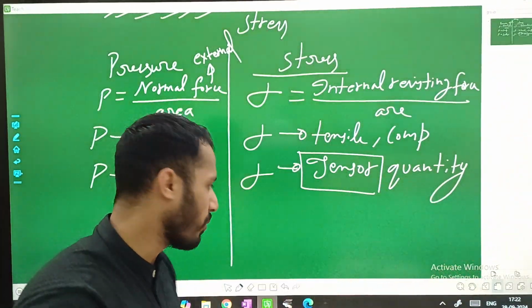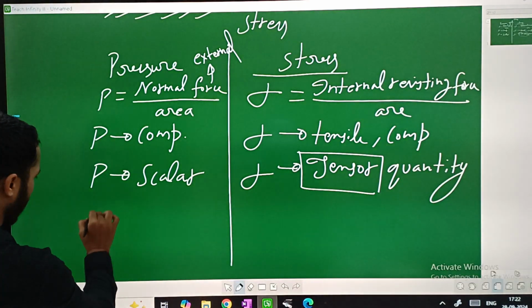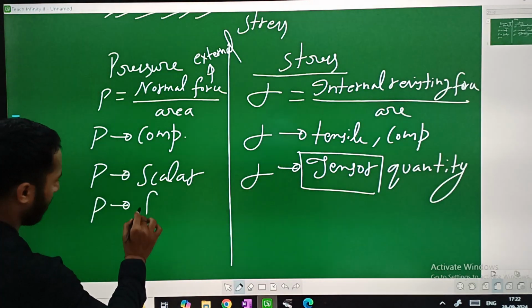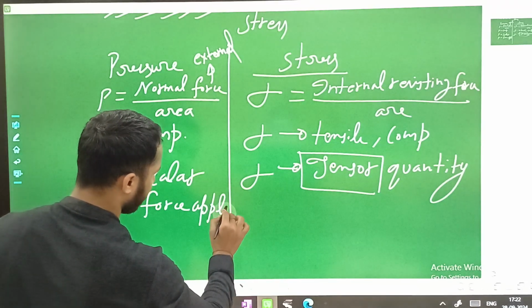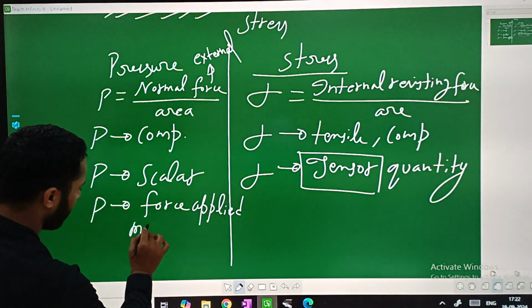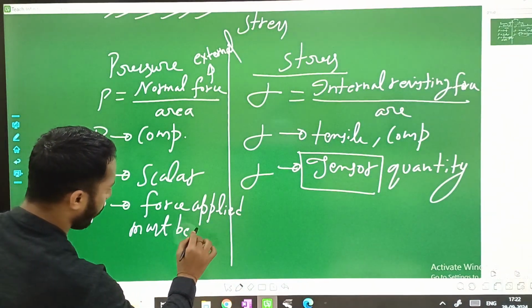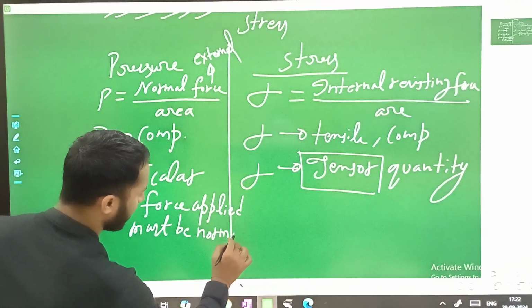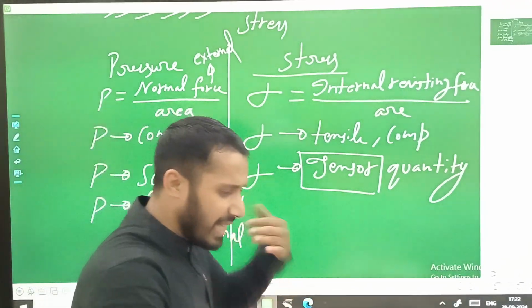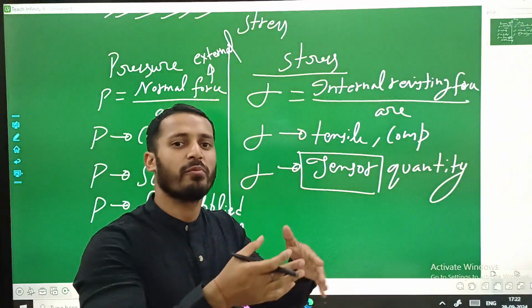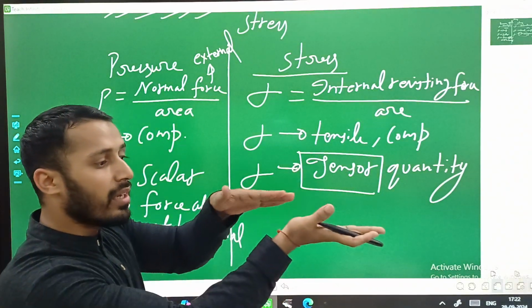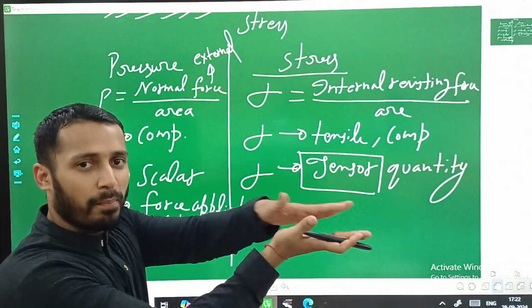My dear, one more difference. In case of pressure, force applied must be normal. But we have just seen the case of shear stress where we were applying the force parallel to the area.